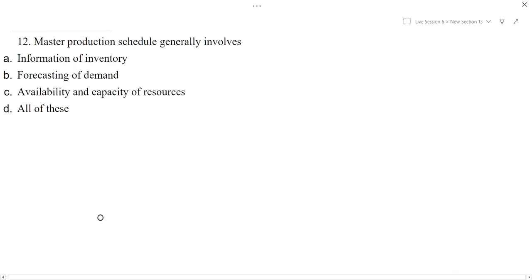Master production schedule generally involves which of the following? Information of inventory, forecasting of demand, availability and capacity of resources, all of these. So in the master production schedule, we identify the entire required quantity of the item to be manufactured to satisfy the demand.